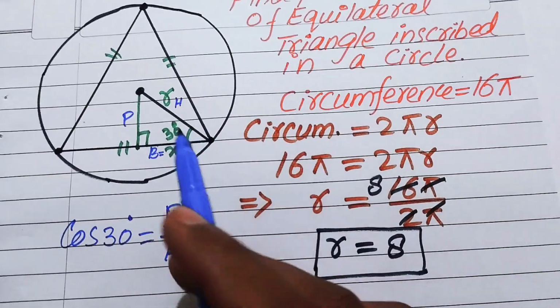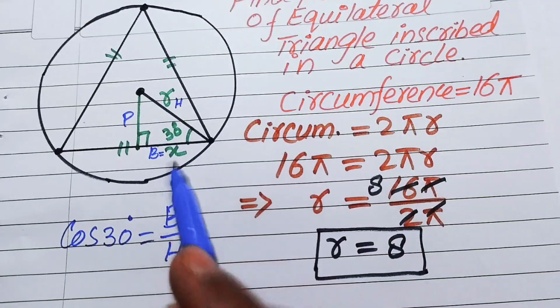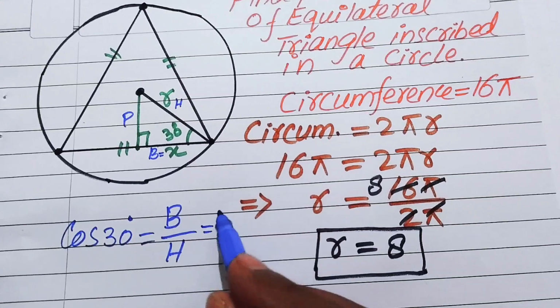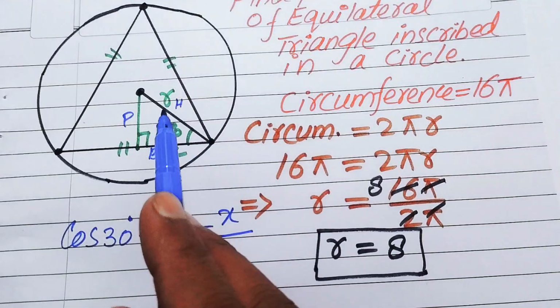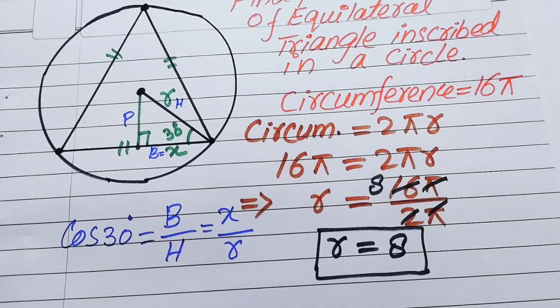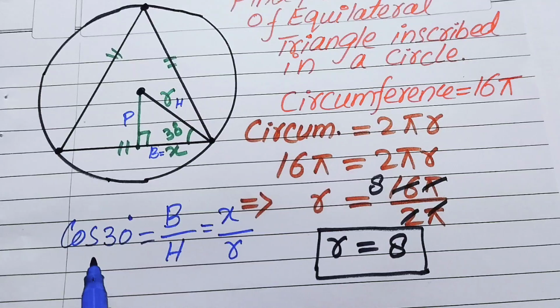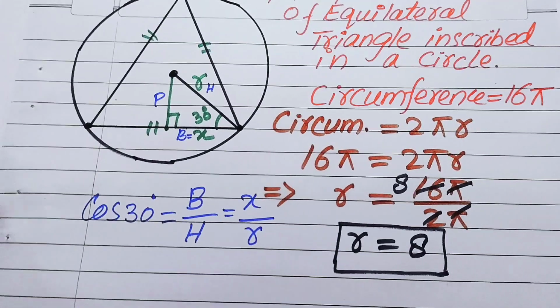In this smaller right triangle, our base is denoted by small x and the hypotenuse is r, the radius of the circle. We know that the value of cos 30 is square root 3 over 2.